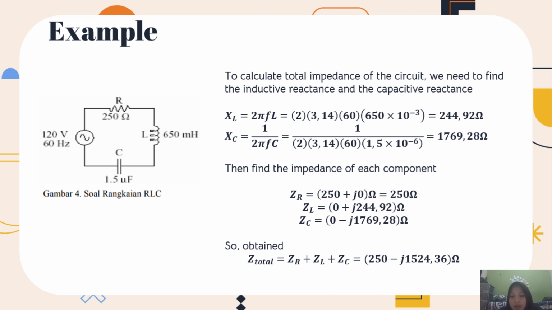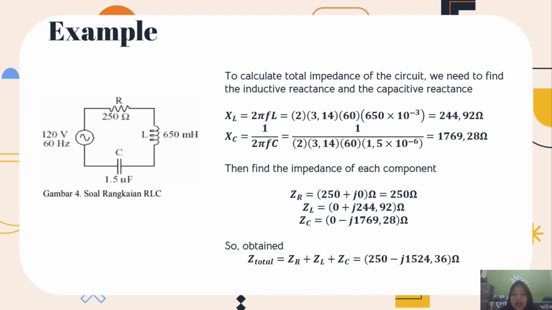And then we need to find the impedance of each component, which is R, L, and C. For ZR, the result is 250 ohm. ZL is equal to 0 plus j244.92 ohm, and ZC is equal to 0 minus j1769.28 ohm.